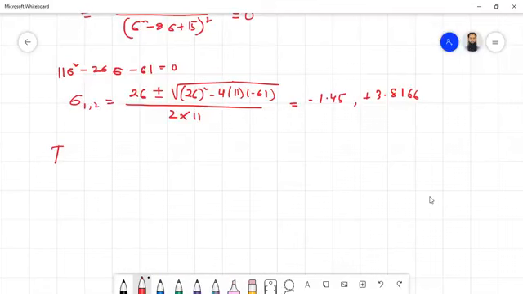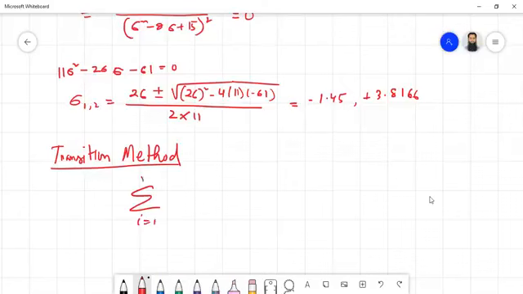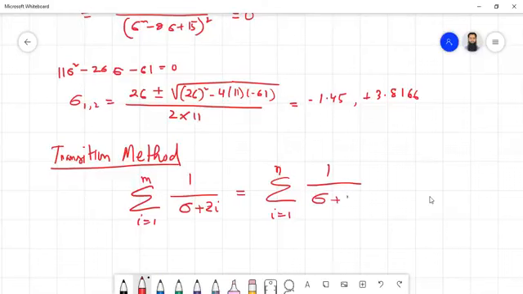So, transition method. What it says is that the summation of i equal to 1 to m of 1 by sigma plus zi equals the summation of i equal to 1 to n of 1 by sigma plus pi.